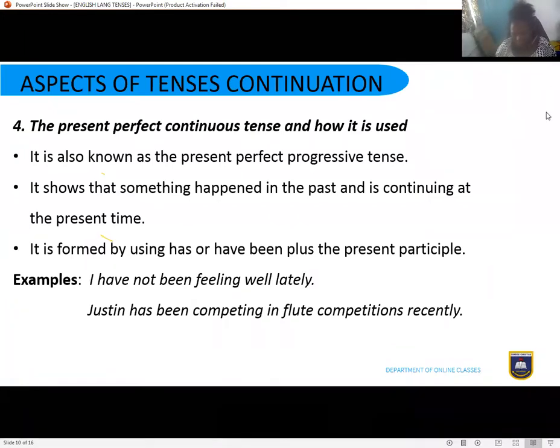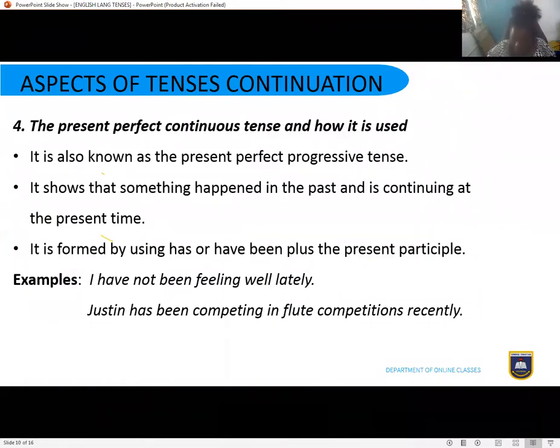So with this, we have come to the end of the lesson on the first aspect of tenses. That is, the first aspect is what? The present tense. Don't forget this. All that we have done were on the present tense.